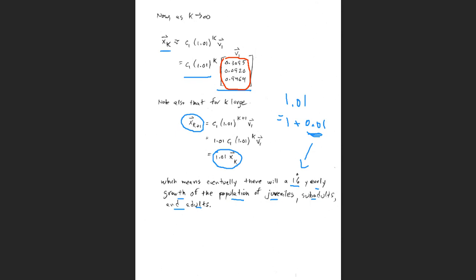Now, this eigenvector should help us determine over time what percent of the population of these owls are going to be juveniles, what percent will be subadults, and what percent will be adults.